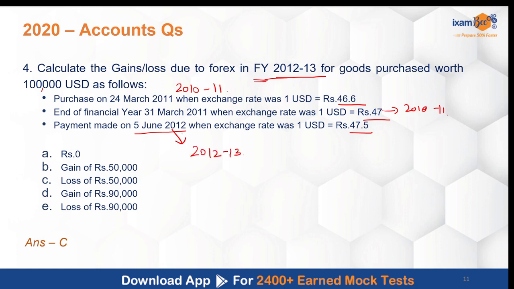So if you can see, the information of financial year 11-12 has not been given to us, so we will assume that it ended on the same exchange rate. And if you remember, at the end of the year, the exchange gain or loss is booked as per the exchange rate on whichever is earlier, either the end of the year or when the account is settled.